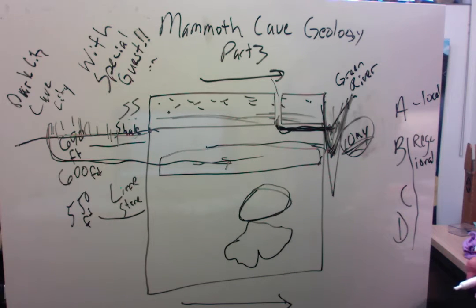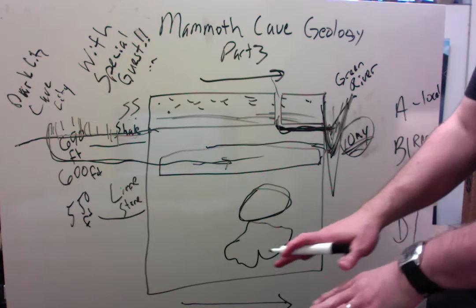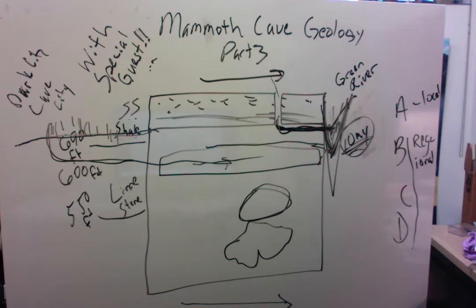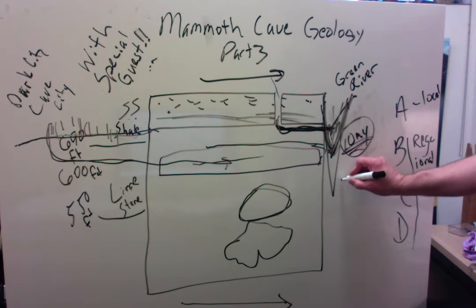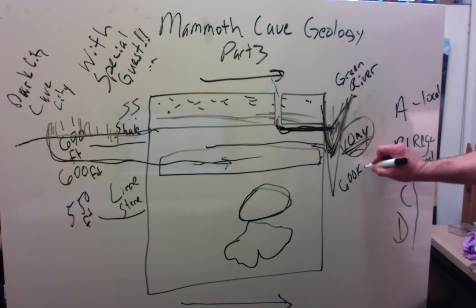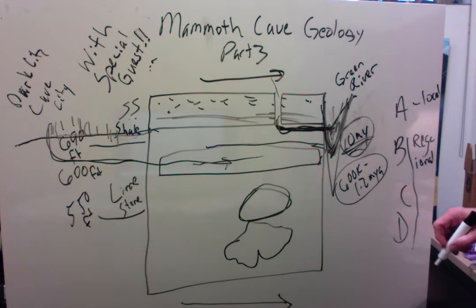That included Black Snake Avenue, where we were talking about geology when we went under Giant's Coffin on our geology day, and some other examples of that. This all happened about 600,000 to 1.2 million years ago. So we're talking about 600,000 years of cave formation instead of 10 million years for level C.